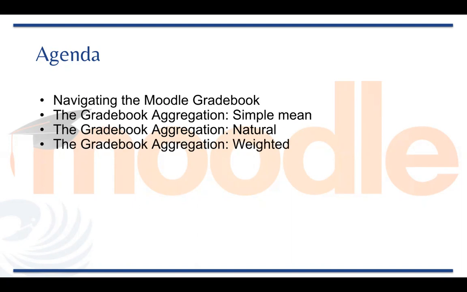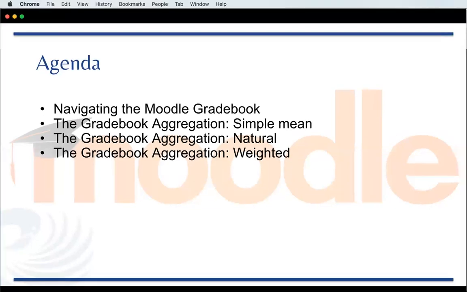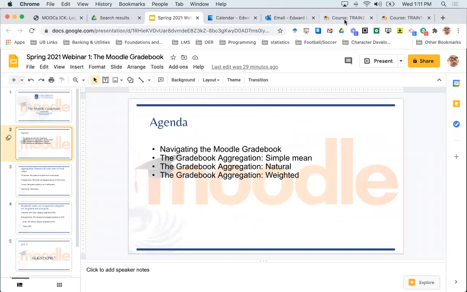So the majority of this webinar is actually going to be hands-on demonstration. So from here, I'm actually going to take you right into the course and we'll get a look at the Moodle Gradebook itself. And feel free to just jump in and stop me at any time if you have a question.